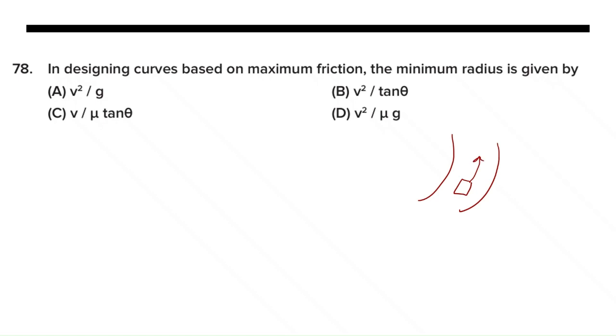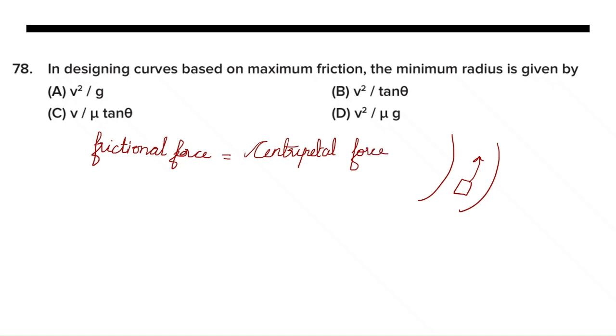Here in circular motion of vehicle in curved path, the friction prevents the skidding. Here frictional force is equal to centripetal force, and frictional force is mu into weight, coefficient of friction into weight, and it is equal to mv square divided by r, and we need to find the value of r.